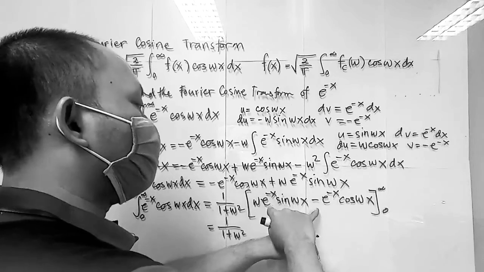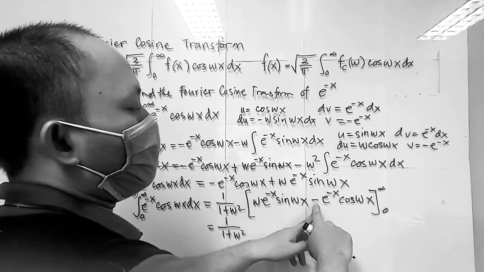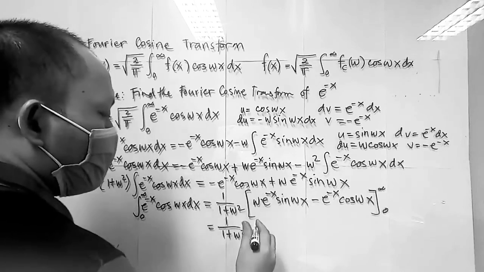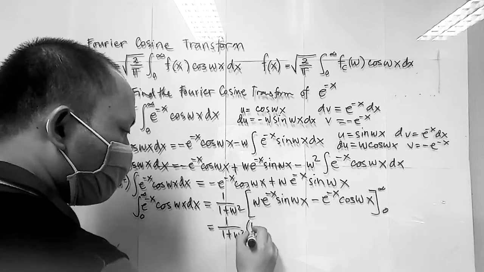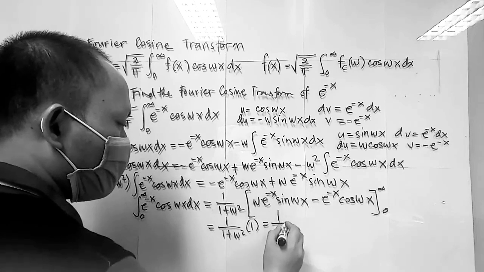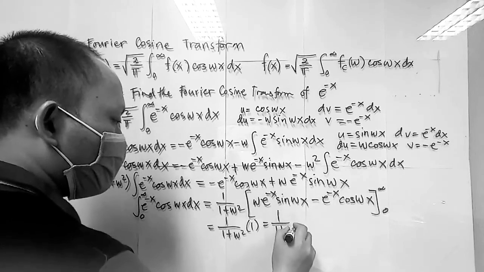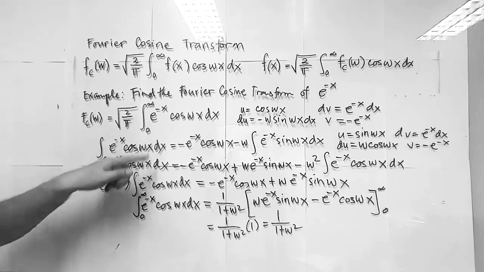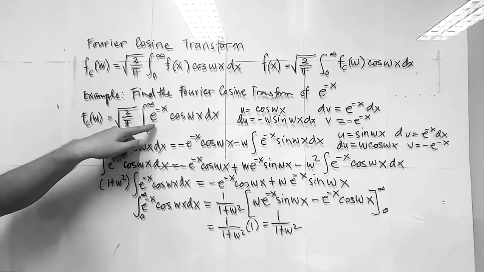So upper limit minus lower limit, minus the negative becomes positive, times 1. So we have 1 over 1 plus w squared. That is the case for this one.